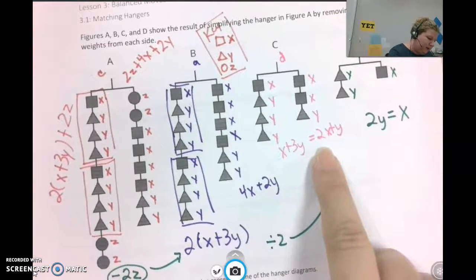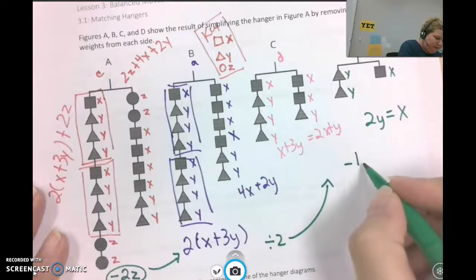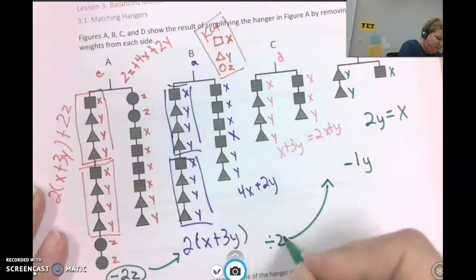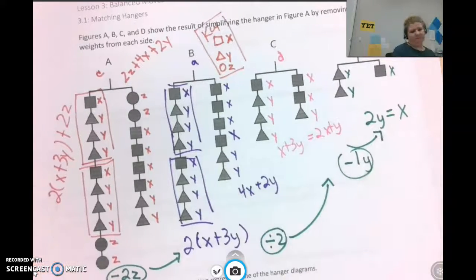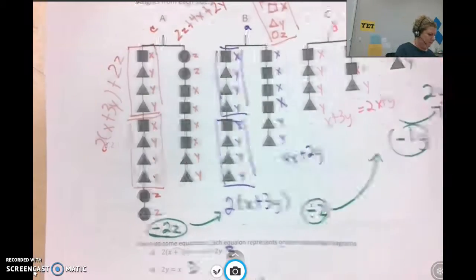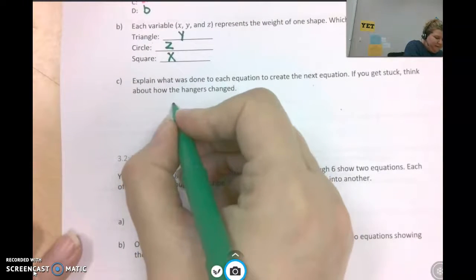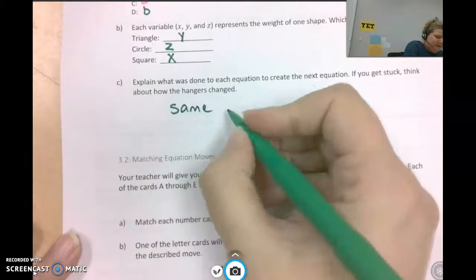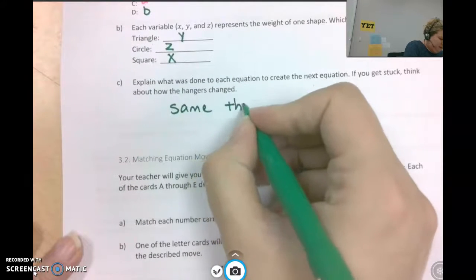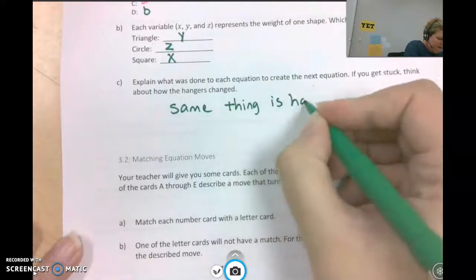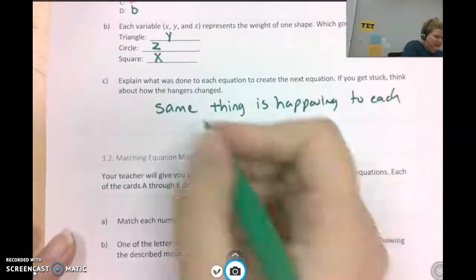And here, it looks like I am subtracting one triangle from each side, or subtracting one Y to get from here to there. But I think the key thing to remember is that the same thing is happening to each side of the hanger.